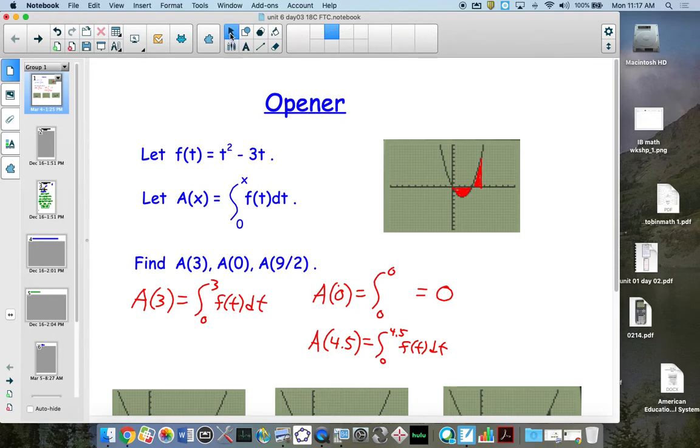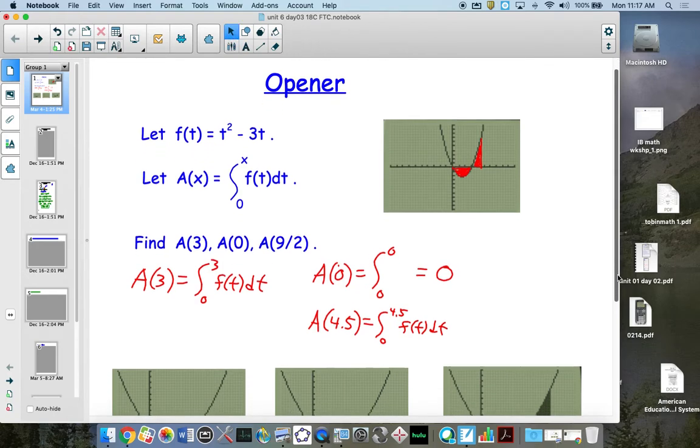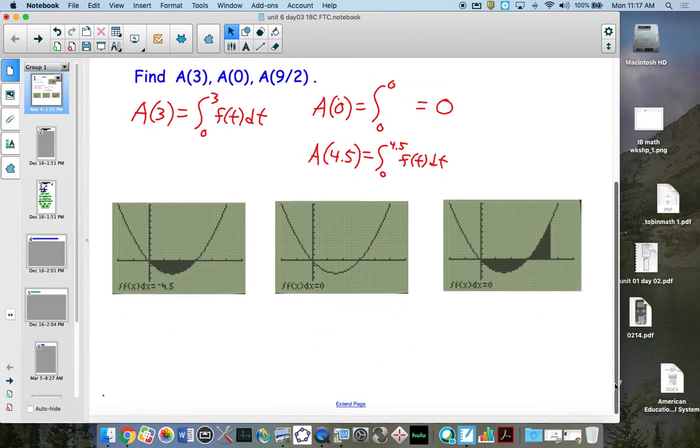Now, I've already punched this in on the calculator, and I've taken some screenshots, and it turns out that for the first part, the integral from 0 to 3, that wound up being negative 4.5. The second one, A of 0, we get 0 as I've already mentioned.